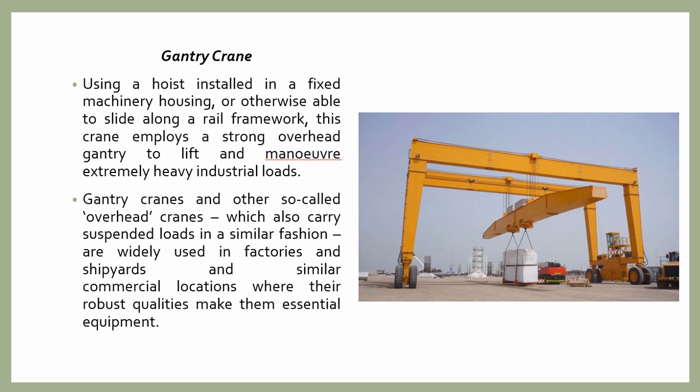The gantry crane is also called an overhead crane, which carries suspended loads in a similar fashion, and it is widely used in factories, shipyards, and similar commercial locations where its robust qualities make it essential equipment.